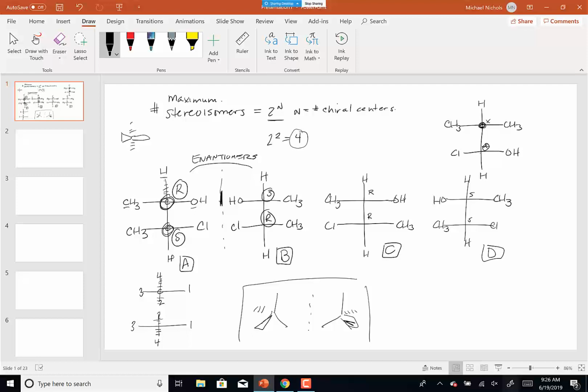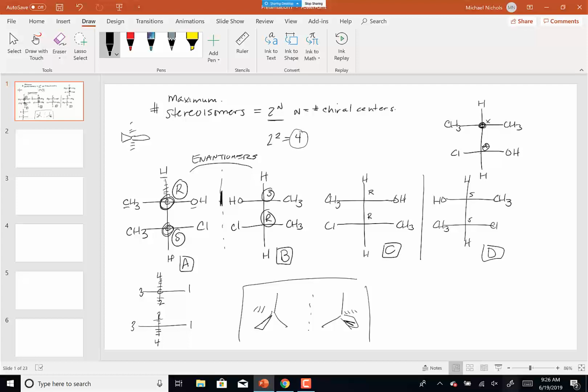Is there another pair of enantiomers in those four? Of A, B, C, and D, we said that A and B are mirror images, but they also go RS to SR. Is there another set of enantiomers in this set of four? C and D. So C and D, if I draw my mirror plane here, we can see that the top carbon is a mirror image of each other.